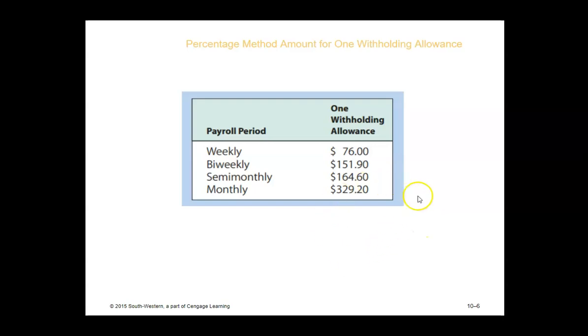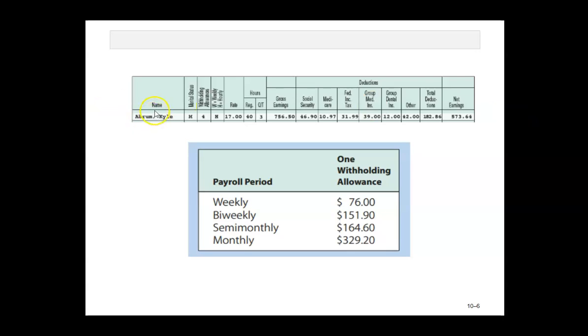When we're using this percentage method to calculate our federal income tax, after calculating the gross earnings, we have to figure out how many withholding allowances that person claimed. I'm going to use that same example with Kyle. Kyle claimed 4 withholding allowances.